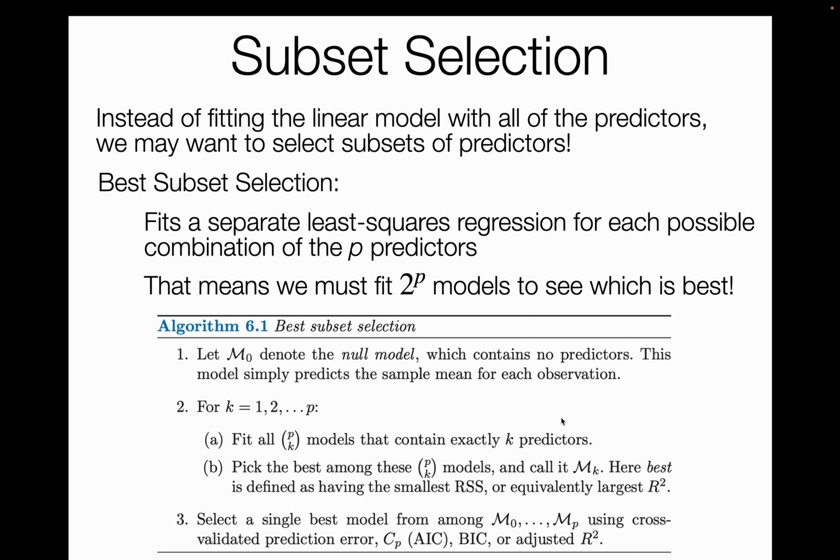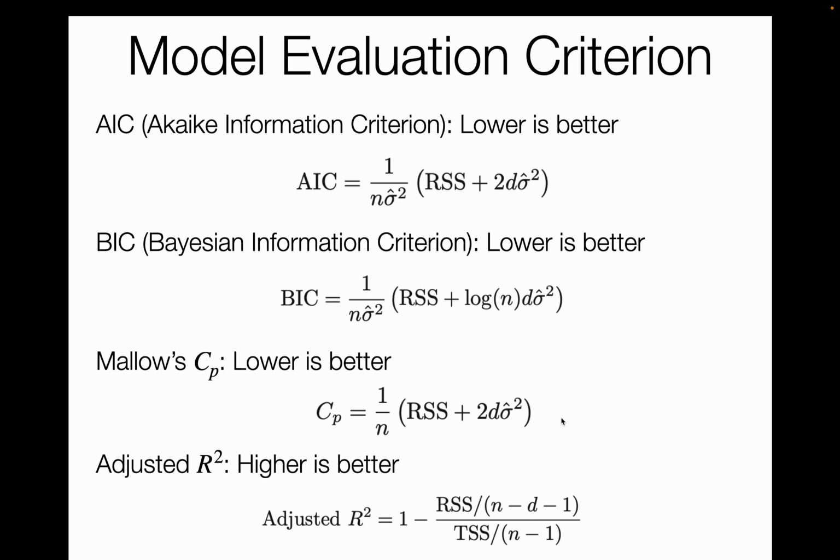Which is great because it gives you all possible combinations, but also can be terrible because it's going to be a lot of different models to fit. In fact, 2 to the p models. So for my situation, with all 10 predictors, that's 2 to the 10th models, which is not a small number.